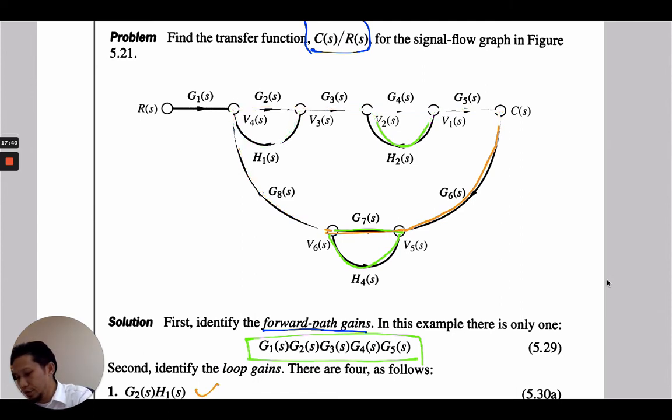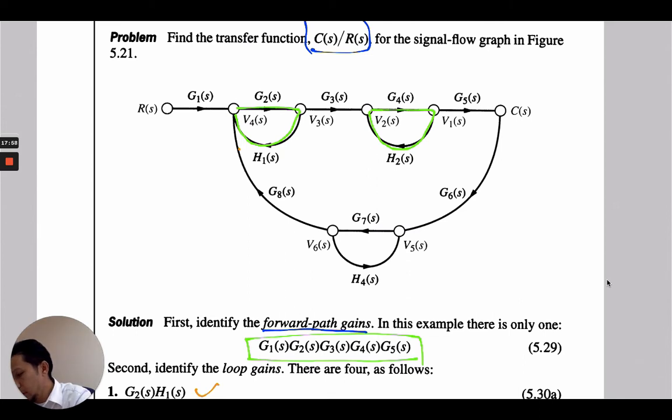We have 4 loops. The first pair is G2 H1, G4 H2.